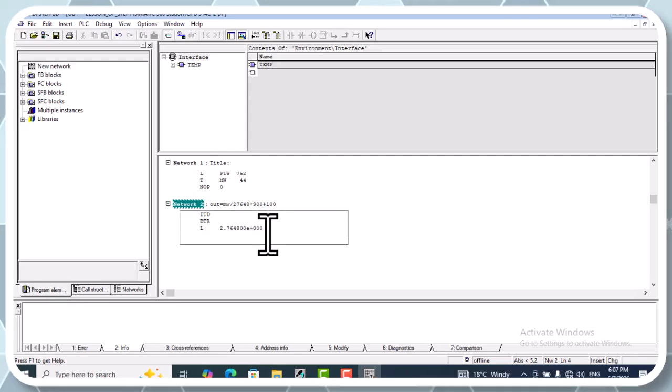Okay, and I think we must do it like 4, but okay, no matter. Now let's write it and compile and watch what will happen.